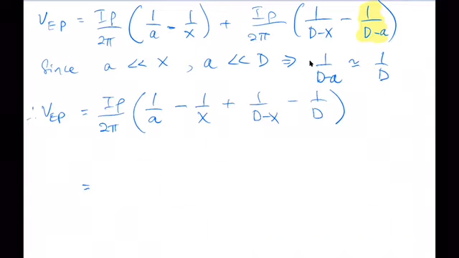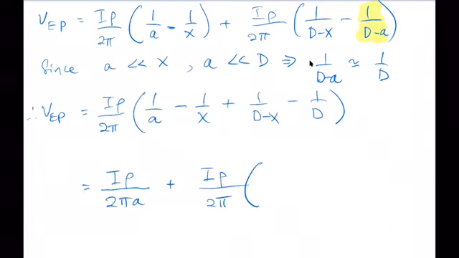I rho over 2 pi A, right? Correct? Yeah. I can say plus I rho over 2 pi, I can put 1 minus D minus X minus 1 over X minus 1 over D. Agree?